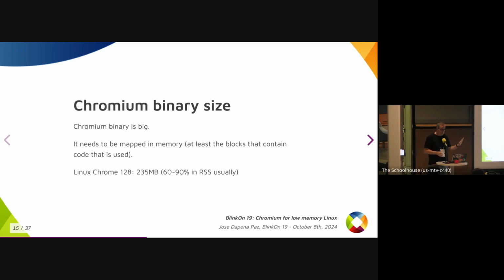An example of what the binary size in Chromium is nowadays, on Linux, version 128 is 235 MB. Of those, it's very easy that 60% to 90% needs to be mapped in memory. So that's maybe almost half of the memory we have in the system already taken by the binary itself.